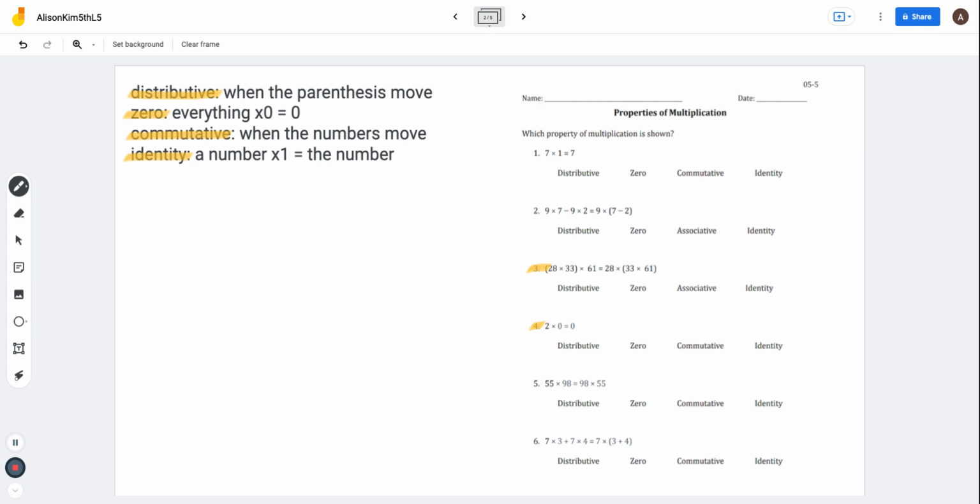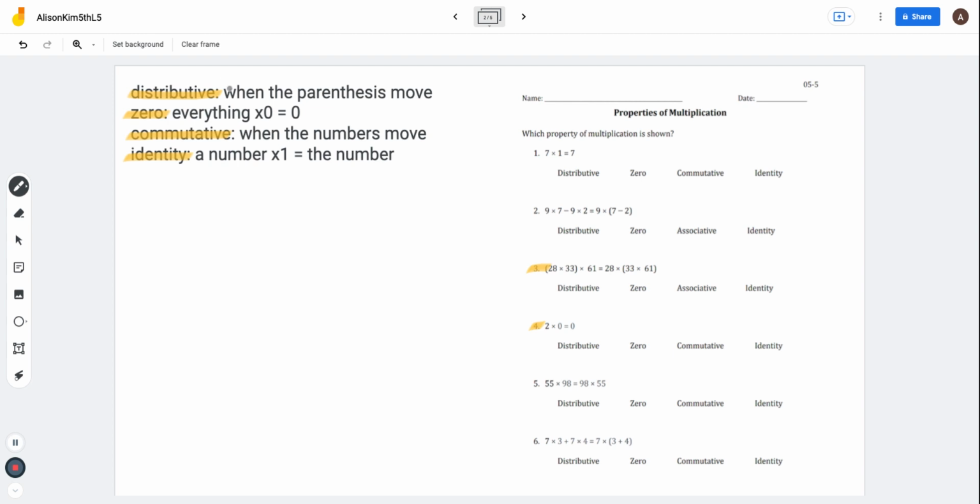The first one is distributive, which is when the parentheses move around in this particular worksheet. The zero property is when any number times zero is always going to equal zero. And the commutative property is when just the numbers move around.